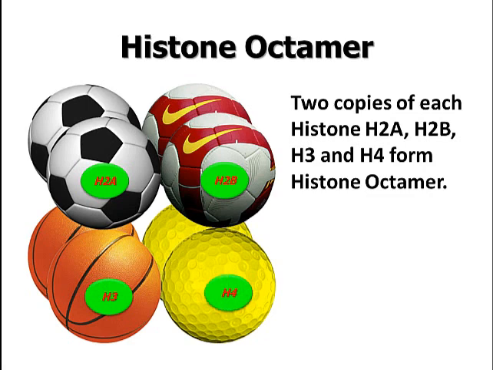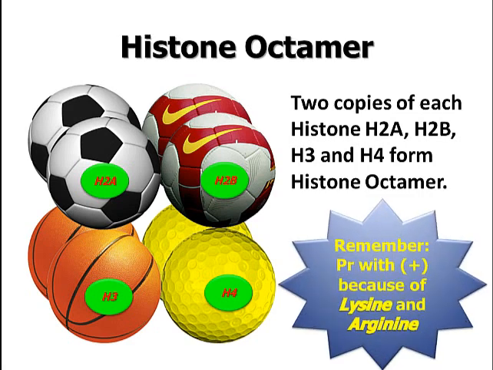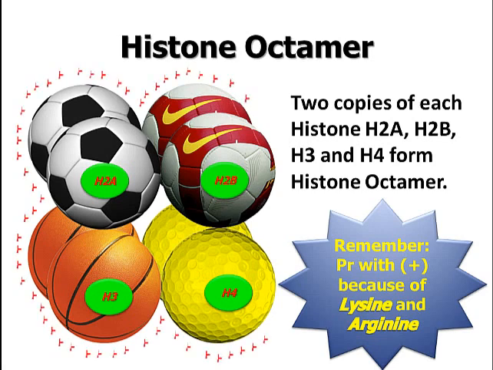And as we said before, an important point to remember is that they have positive charge because of lysine and arginine. Let's do like this. So, here we have a better imagination. Positive charge around this octamer because of lysine and arginine.